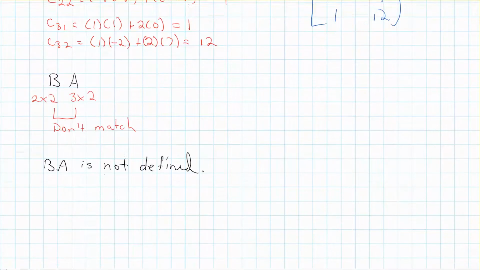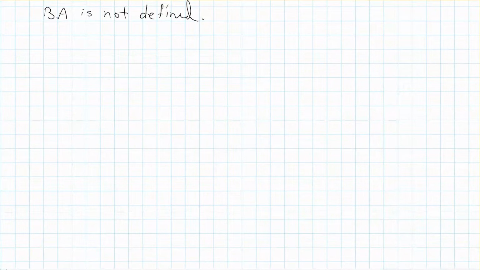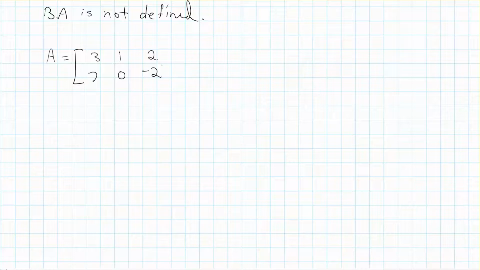Alright, so let's look at another example here. So we're going to have A is equal to 3, 1, 2, 7, 0, negative 2, and B is equal to 6, 4, 2, negative 1.